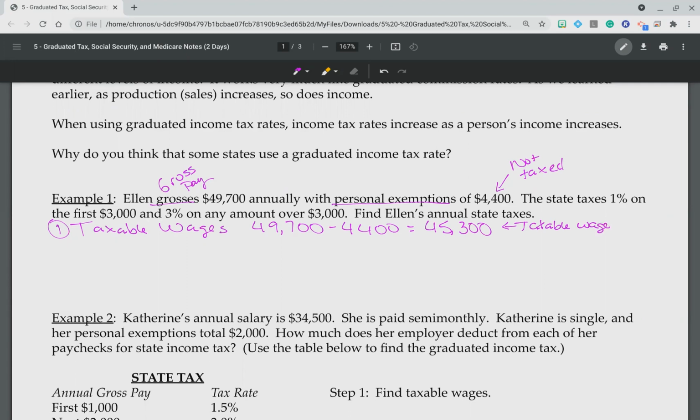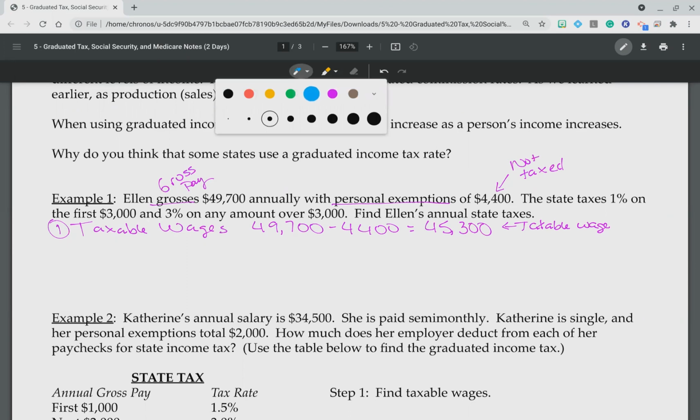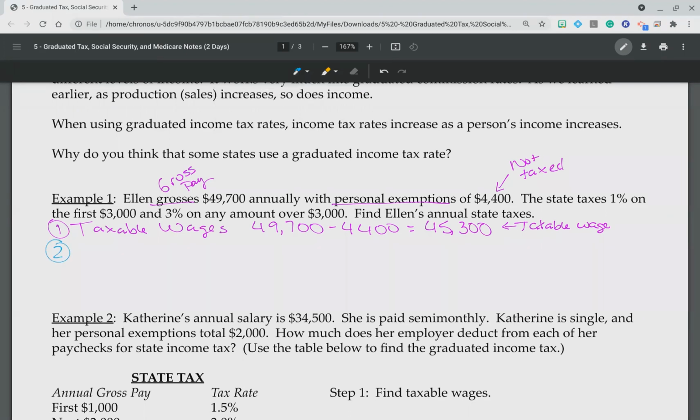Okay, now we have to go through and do this graduated commission, not commission, sorry, graduated tax. All right, so the state tax is 1% on the first 3,000.